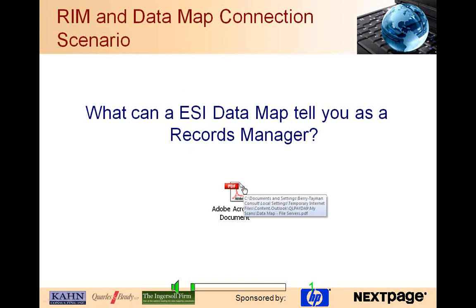Basically what it shows within that data map is where the file servers are. And I think that John in his presentation showed that when he's looking at where this information is stored, he's writing all that down. So we can tell where that information is stored.